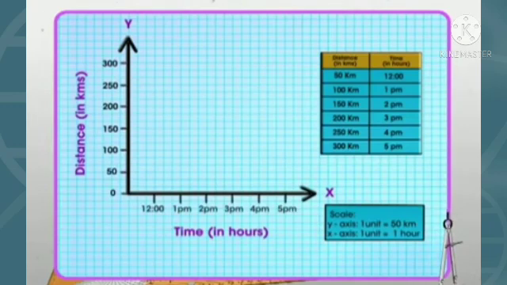Mark a dot corresponding to 50 on the vertical axis and noon on the horizontal axis. Similarly, the second dot for 1 p.m. along the x-axis and 100 kilometers along the y-axis. Third dot for 2 p.m. and 150 kilometers.